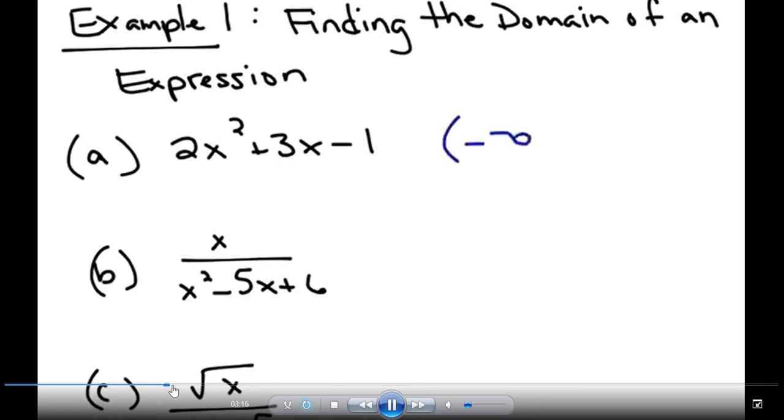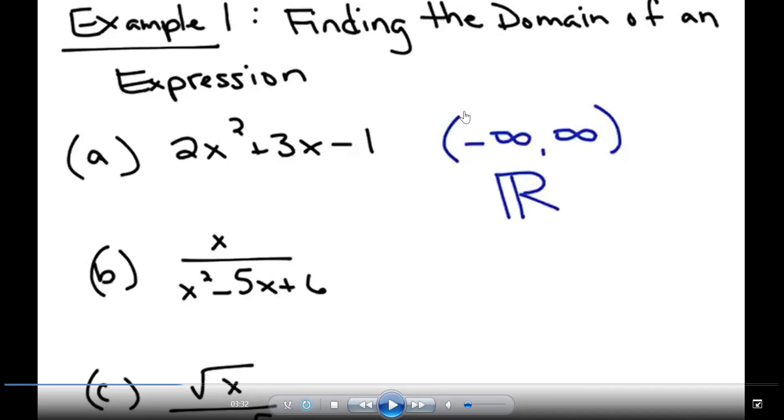There are different ways to write that. You can write it in interval form, from negative infinity to infinity. Or you could write it as real numbers like this. If you remember, I showed that in class before. This is a symbol with two lines and then the R. That's another shortcut notation for real numbers.